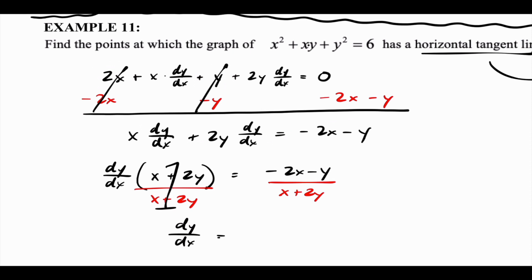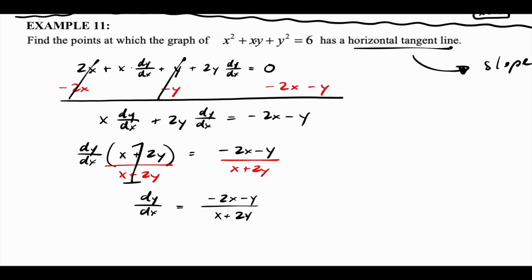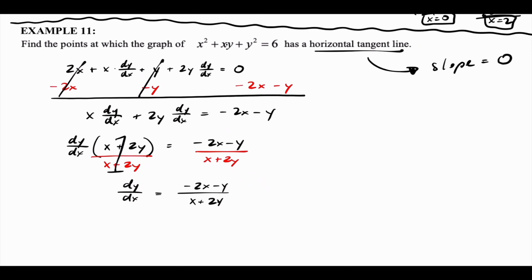So I get dy/dx equals negative 2x minus y over x plus 2y. Okay, dy/dx is by itself. Now I'm going to come back to that part where I underlined before. Horizontal tangent lines. That means where the slope is 0.